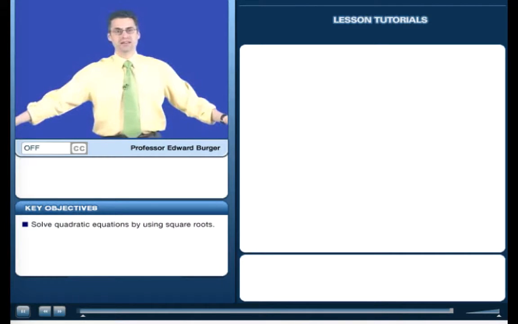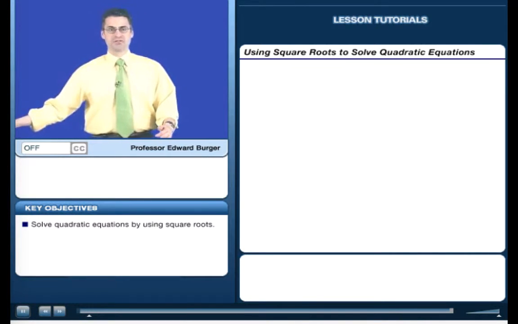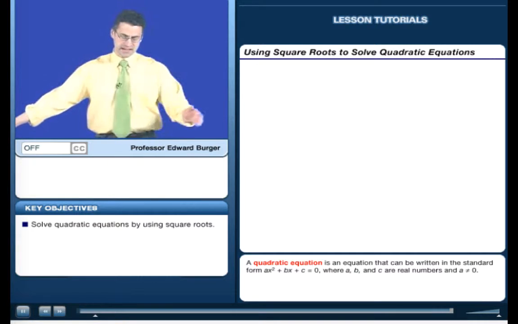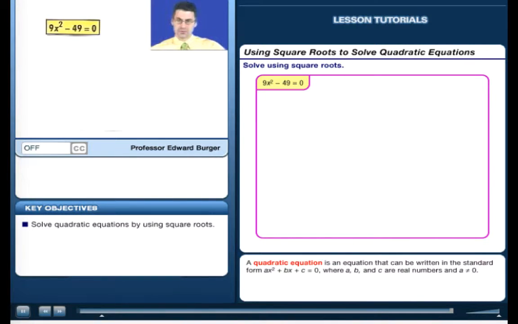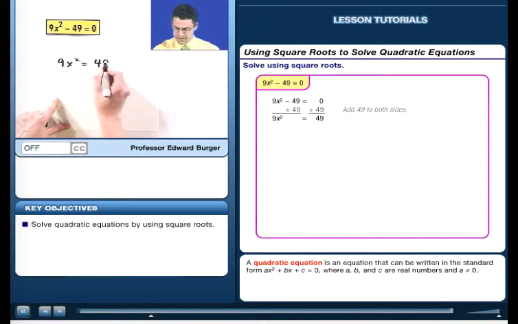Using the square root idea as a means of solving simple quadratic equations is sort of handy. Let's take a look at this one. 9x squared minus 49 equals 0. And I want us to solve this using the square root function. Well, the way to do this is to just try to isolate the x squared. So first let me add 49 to both sides. So I'll have 9x squared equals 49.